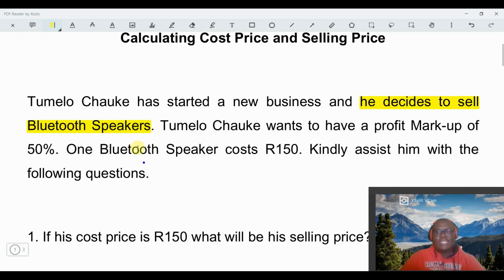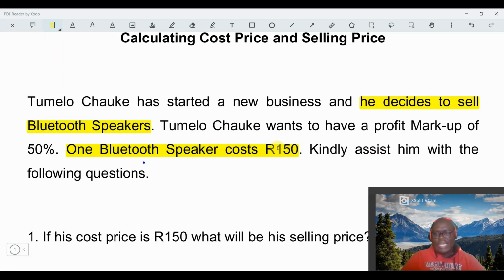And whenever this person sells these Bluetooth speakers, we need to take into consideration that this person has bought these things, so they have cost this person a particular amount. On this information, they're telling us that one Bluetooth speaker costs him 150.